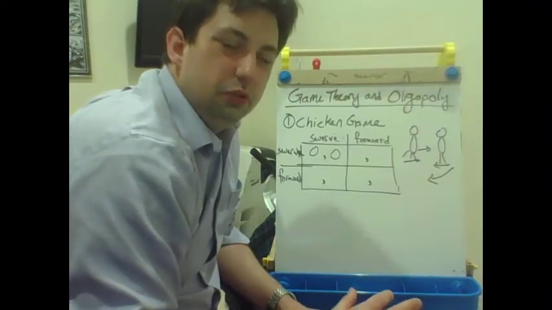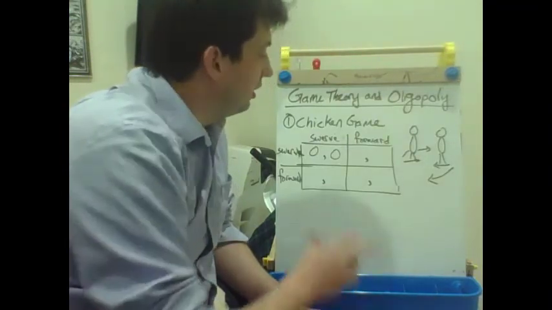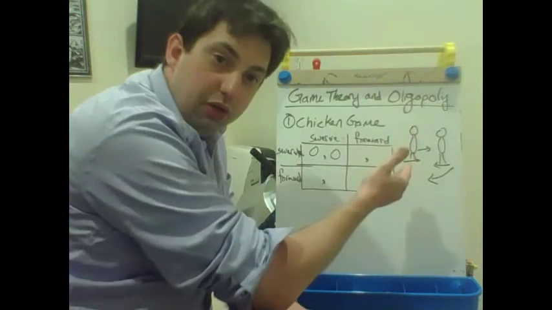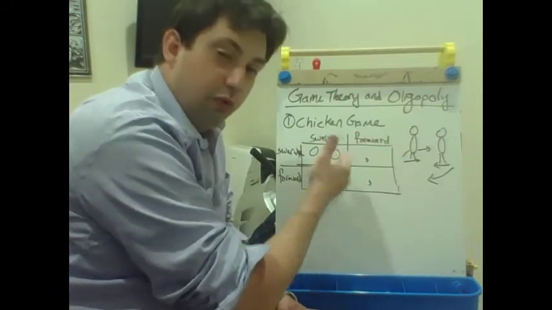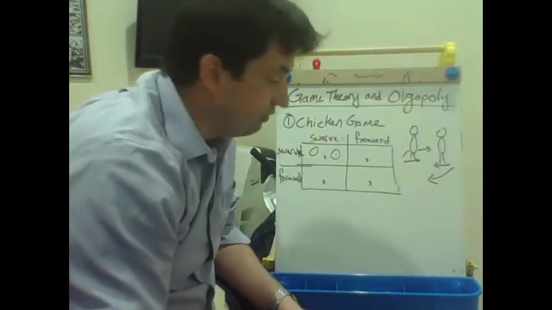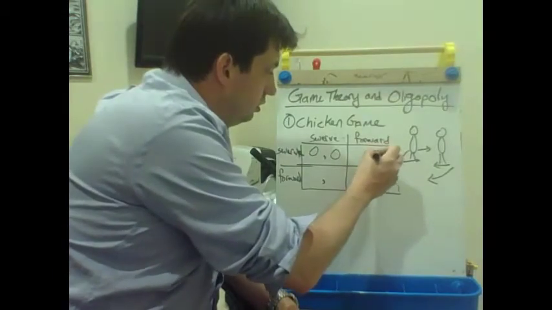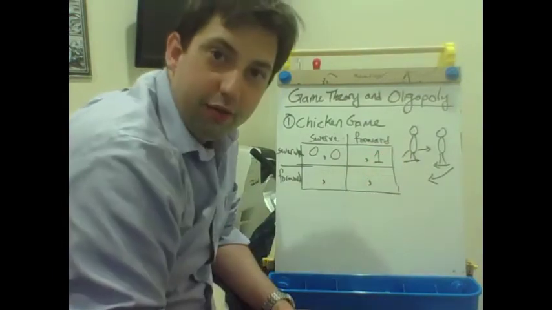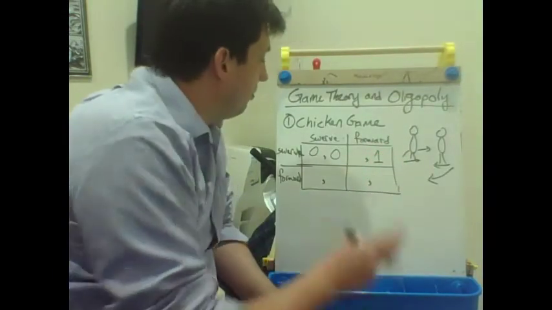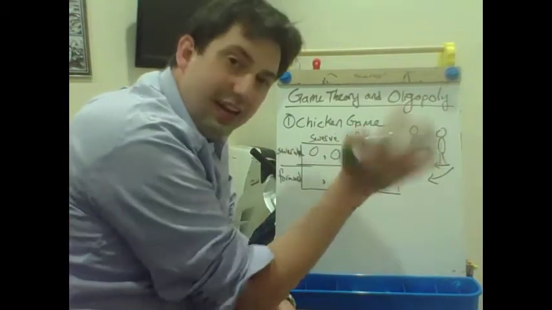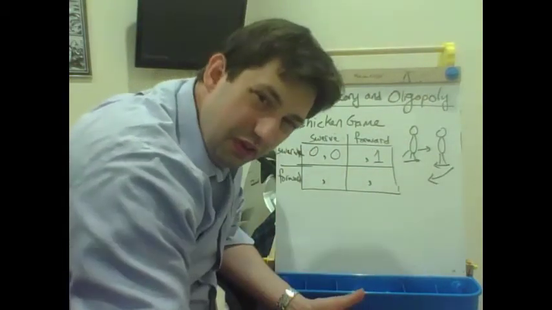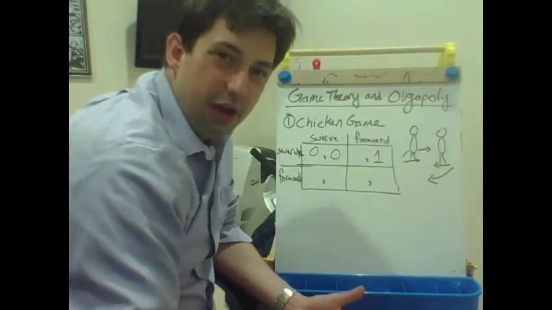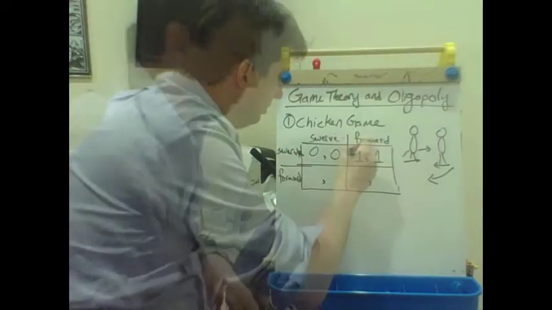So to capture that, we're going to say that the person who moves forward is better off than if they had swerved, right? They might get a little jolt of satisfaction. We'll call it a payoff of 1. Well, the person who had to get out of the way, they feel a little inferior, whatever it is, they'll get a payoff of -1.